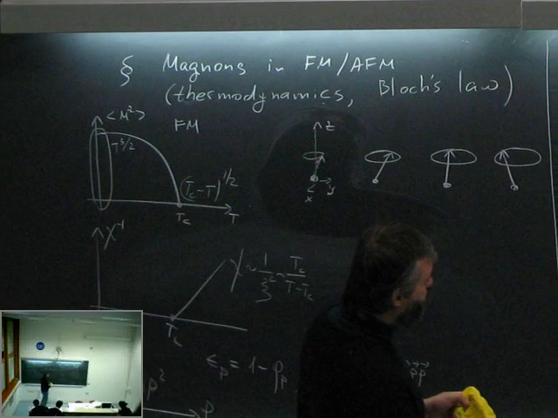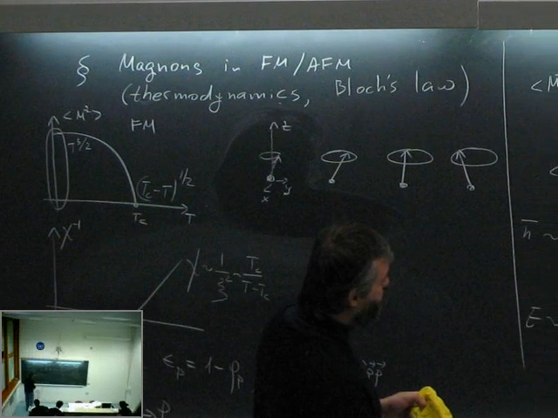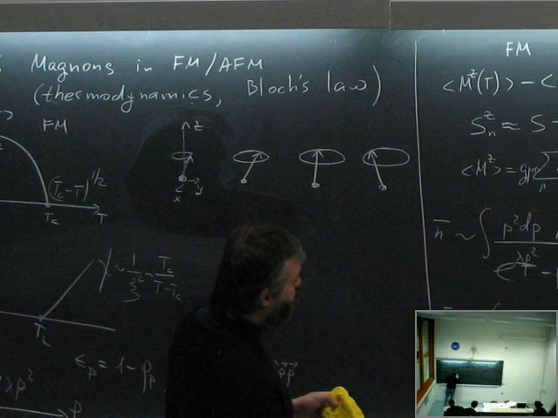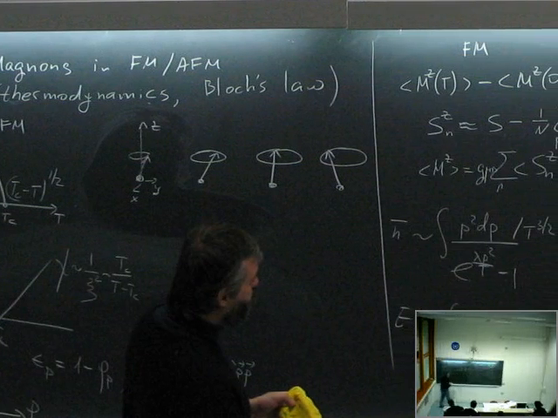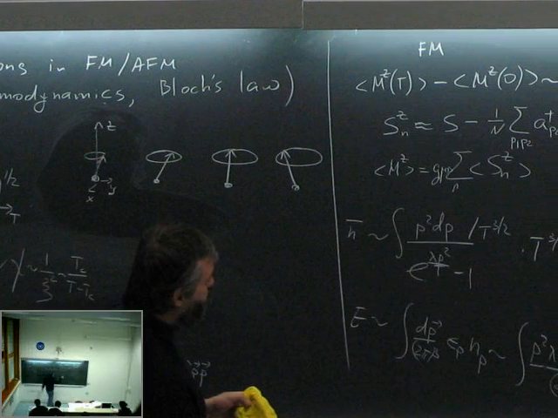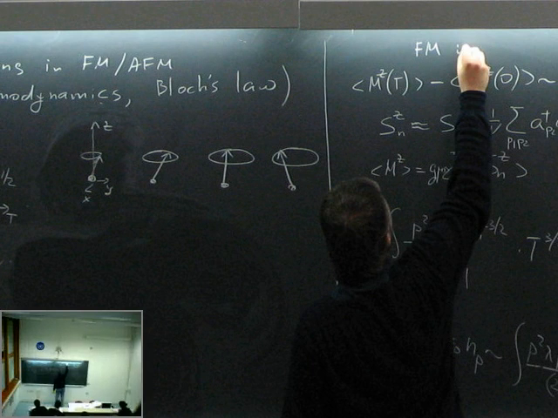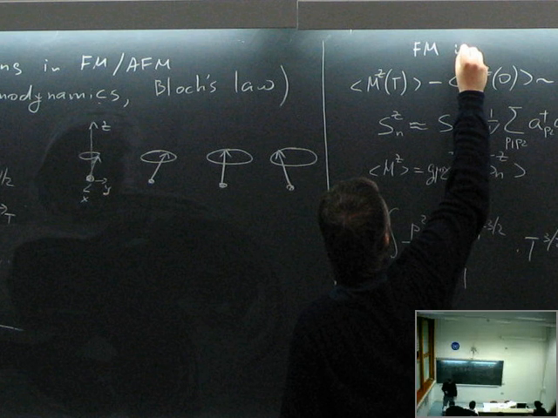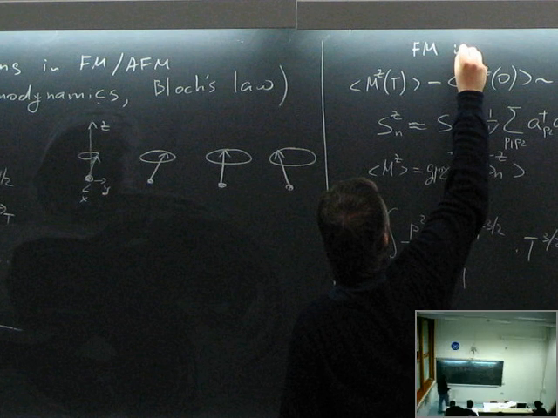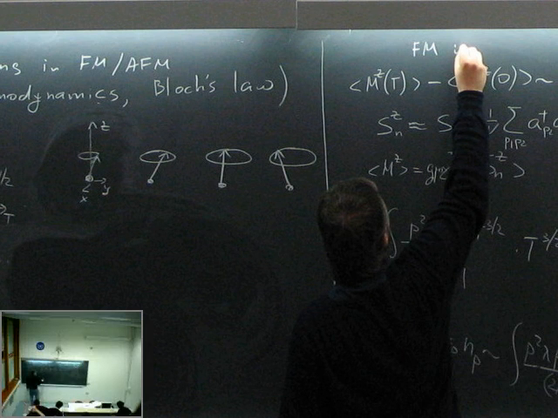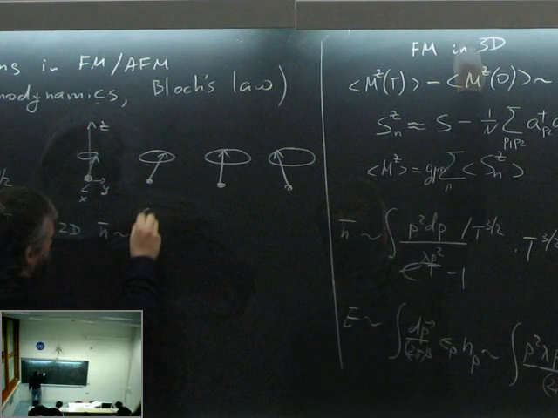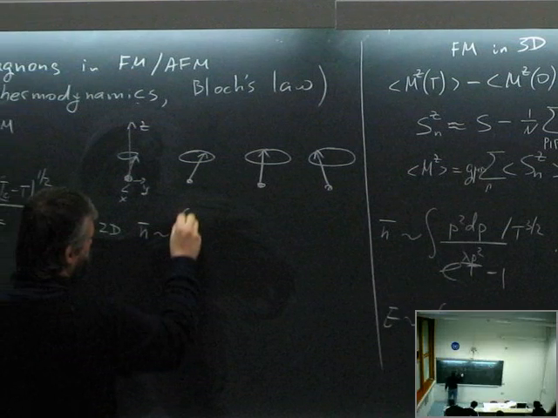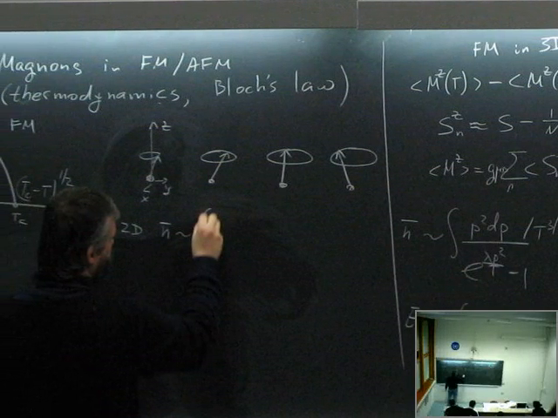Okay, doing the same type of simple calculations which we used for a non-ideal Bose gas, let's go from three-dimensional systems, which have been summarized on this part of the blackboard, to two- and one-dimensional systems. For a two-dimensional system, the average number of magnons is proportional to the integral p dp over e to the lambda p squared over temperature minus 1.